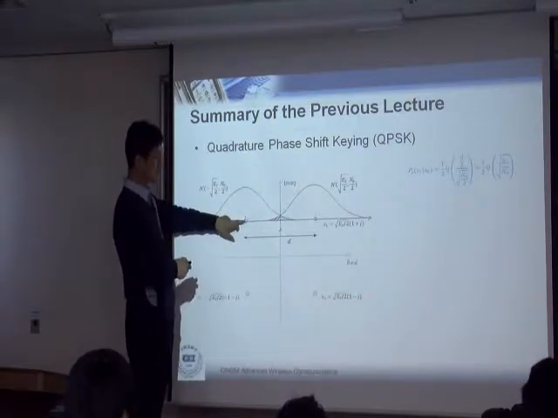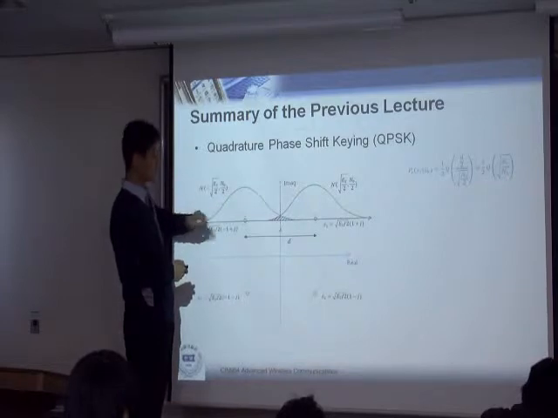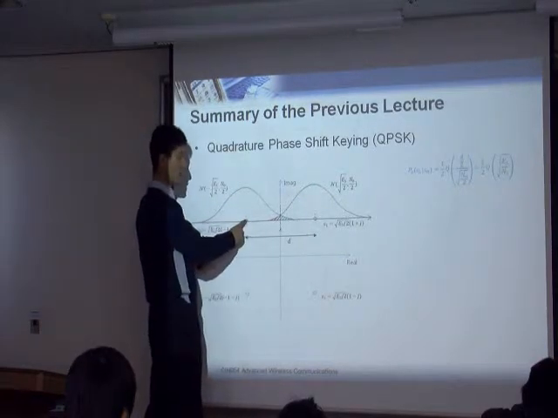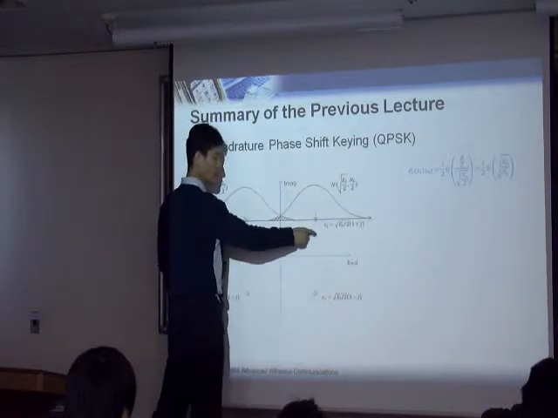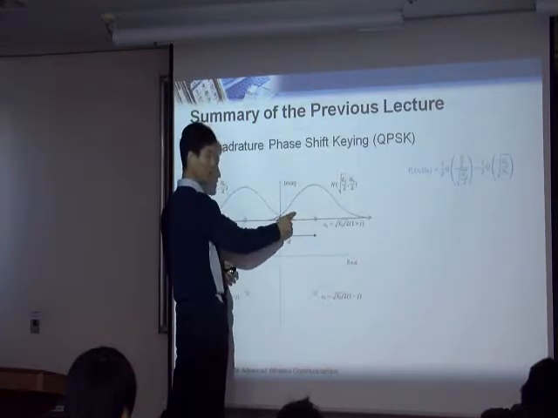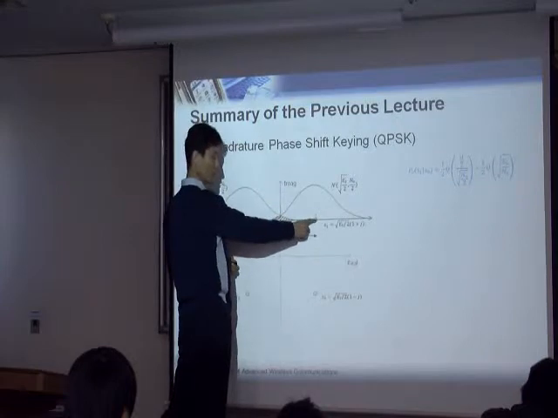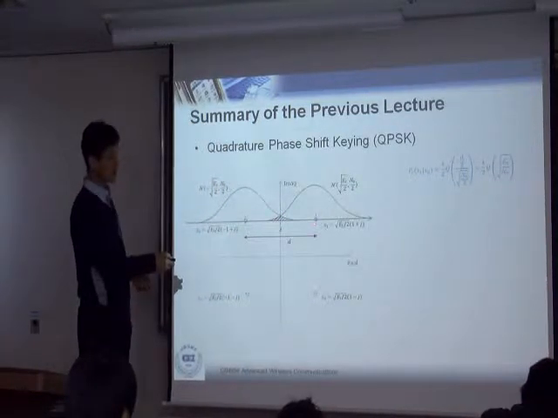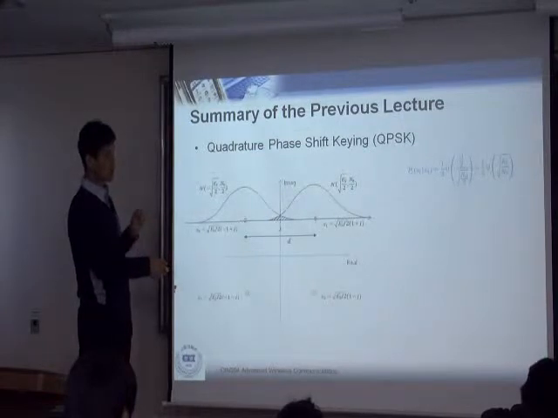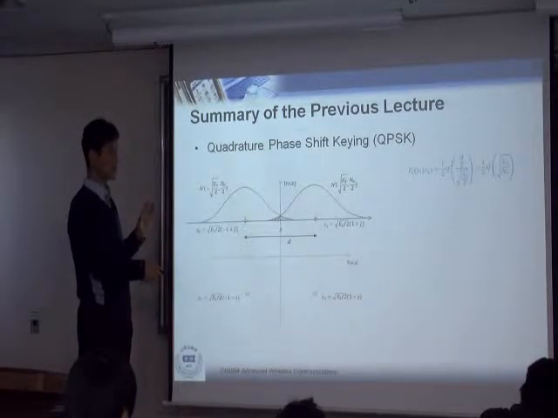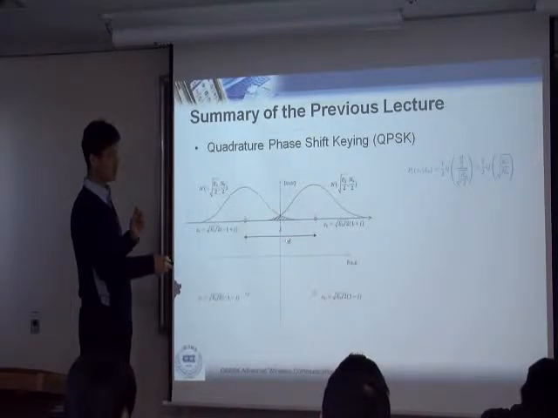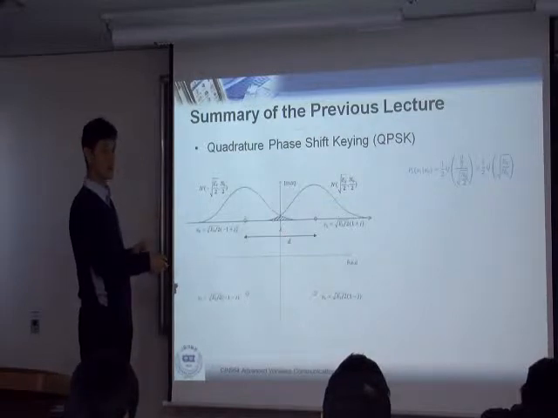When you transmit this one, there are 3 different error cases. You transmit this one, but for some reason, it is received somewhere here in this quadrant. Therefore, it is erroneously received as this point. That's error case 1. In that case, as I said, the bit error rate is only a function of D, this distance. So this is D, therefore you put the D into the Q function as we did before.